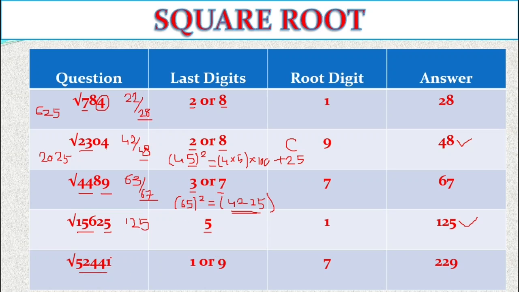And coming to this one, as I got 1 here at the end, my unit digit position is either 1 or 9, because 1 into 1 is 1 and 9 into 9 is 81, and I got a 524 here. Okay, this is the one I need to calculate. 20 into 20 is 400.